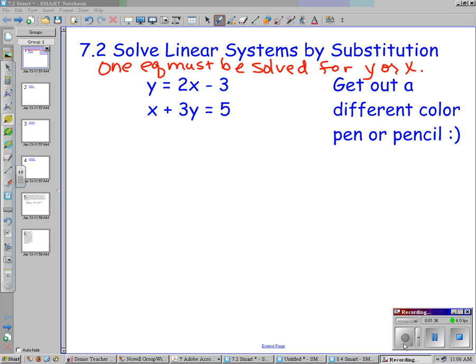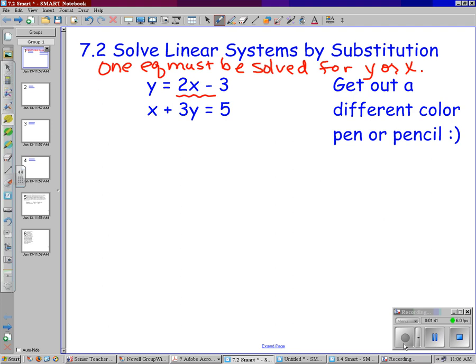Please notice that I have y equals 2x minus 3 already written up there as one of the equations. I have it in y equals. Thus, I've solved it for y for you.